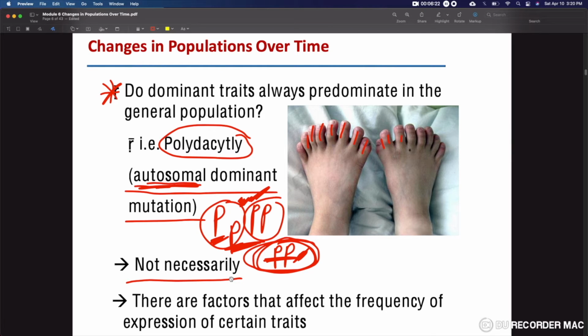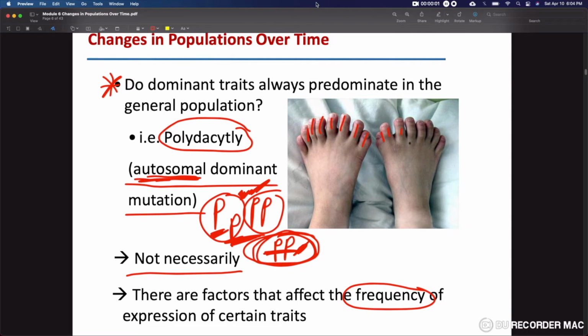There are certain factors that affect the frequency or the expression of some traits. Another example that I can give you is the case of your ABO blood typing. If you take, for example, an Asian population, like the Philippines, majority of us have blood type O, and only about 2% have blood type AB.